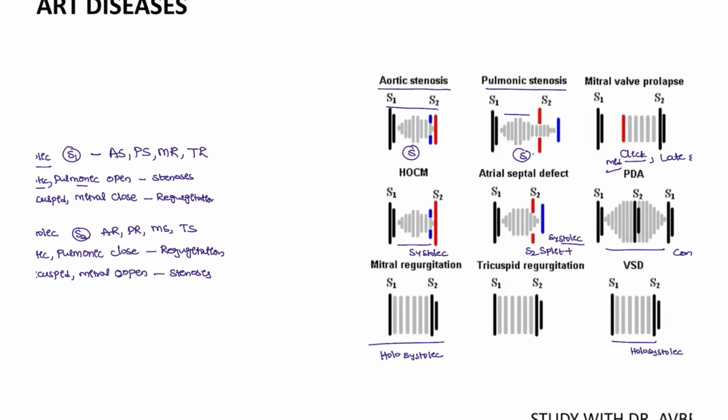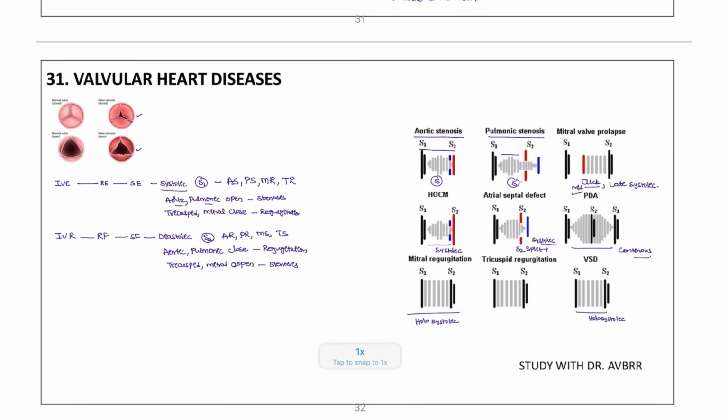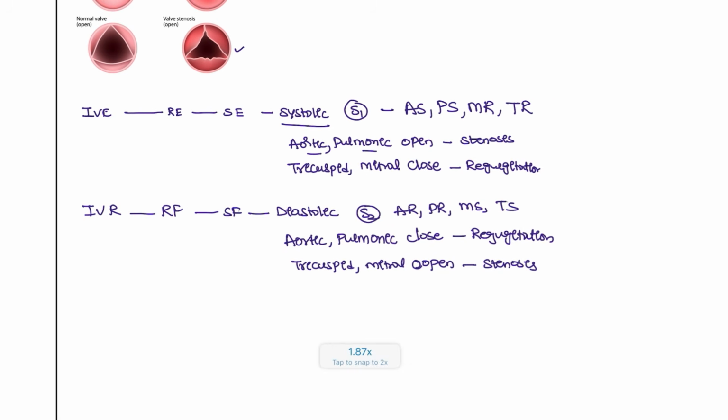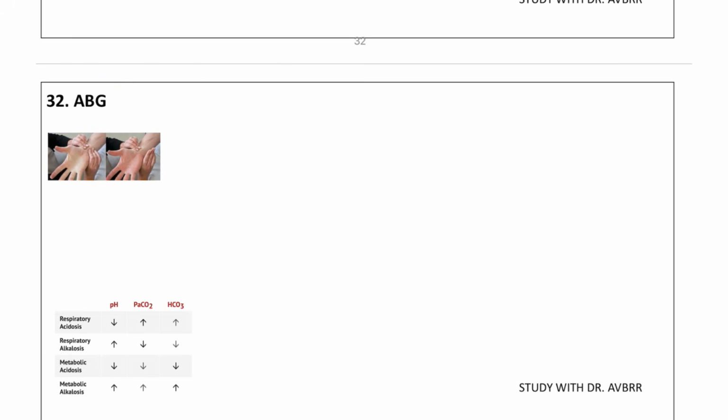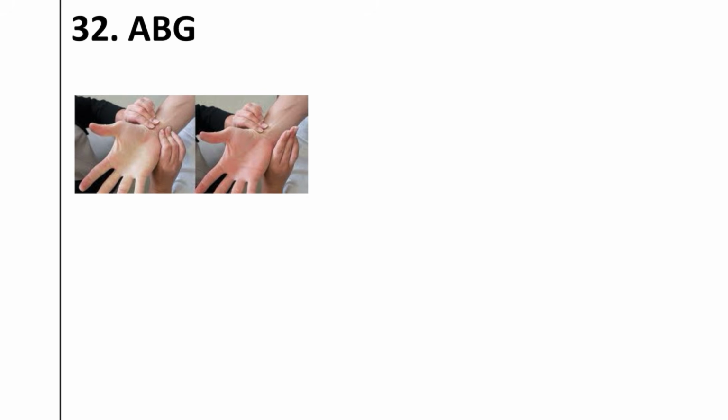And importantly, these are the points that are frequently asked in the examination, right? You just follow this. Whichever valve is opening during systole is going to cause stenotic murmurs, whichever is closing is going to cause regurgitation. If you apply this formula in the examination, as much as I say, it is not going to go wrong for your examination.